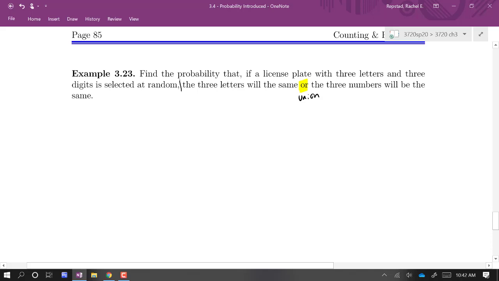And I'll just define these 2 events. A will be the event that the 3 letters are the same. And B will be the event that the 3 numbers will be the same.